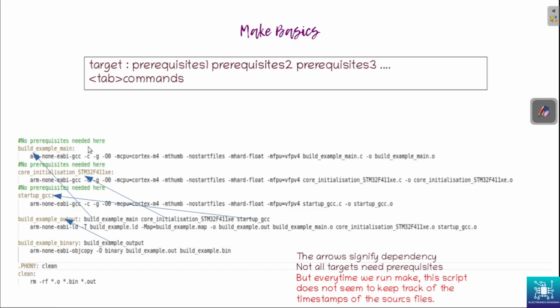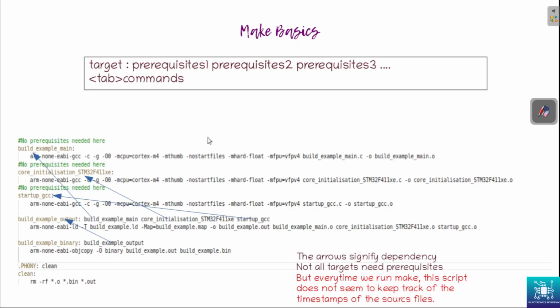So say we don't put any prerequisites here. We just name the target. The target name need not be a file name. So the target name is build example.main, suppose. And then this is the command that we put.